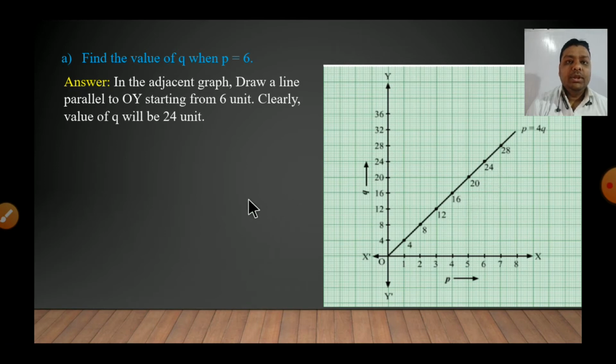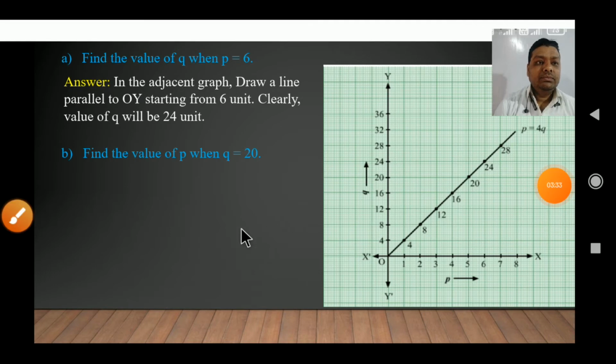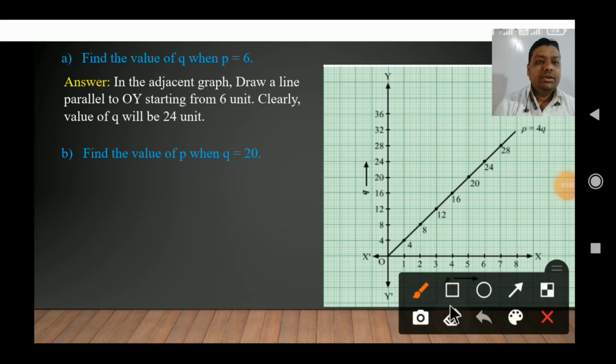Now the next question is to find the value of p when q equals 20. How can we show it? You can see that when we take q equal to 20, if we draw a line parallel to the x-axis, it touches this linear graph, and if we draw a perpendicular from there, we get the value of p as 5 on the x-axis.